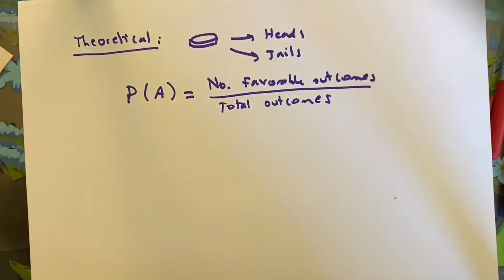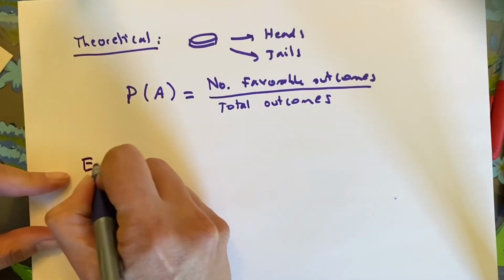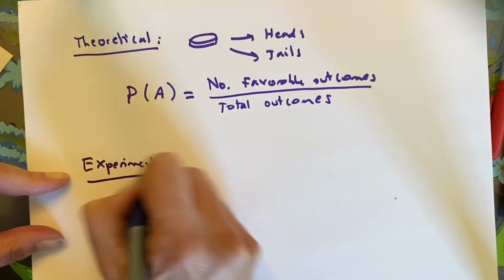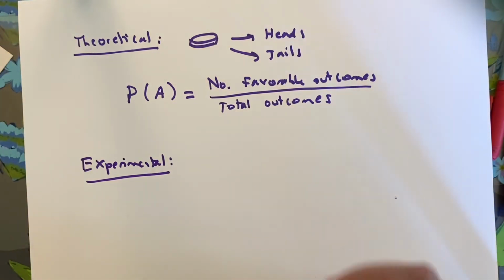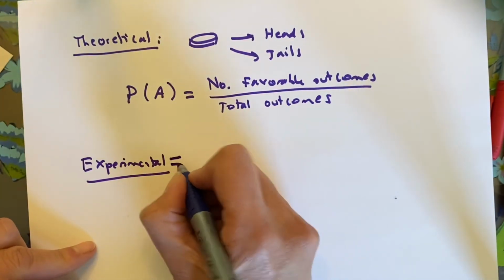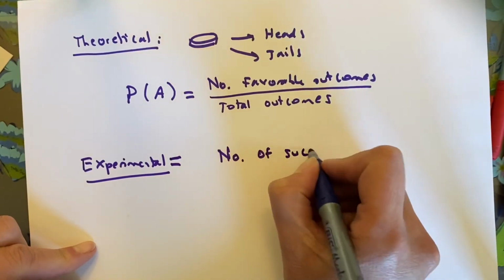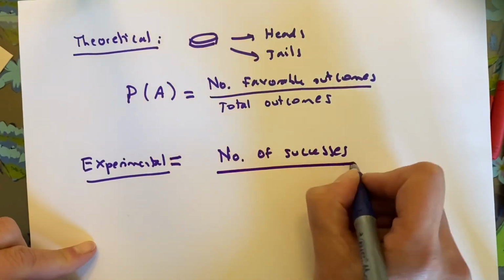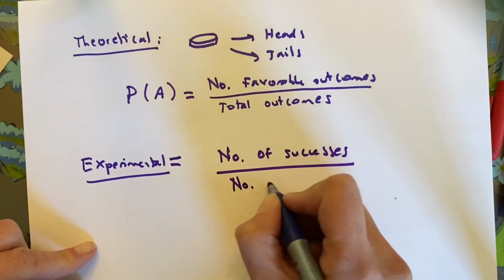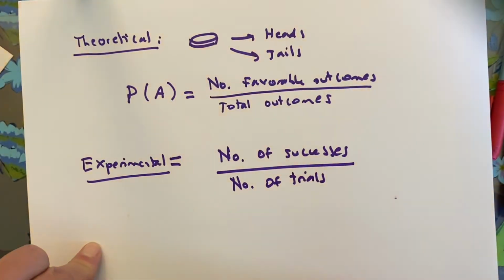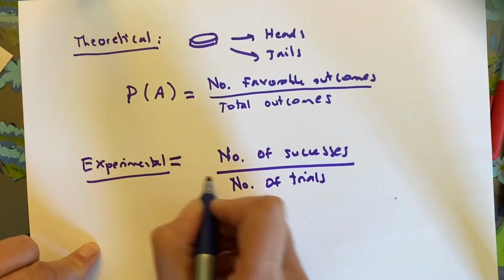Okay, so the experimental probability, and I'm just going to put it underneath even though it's not combined in the book, is expressed as the number of successes over the number of trials. Okay, and this is the experimental probability.